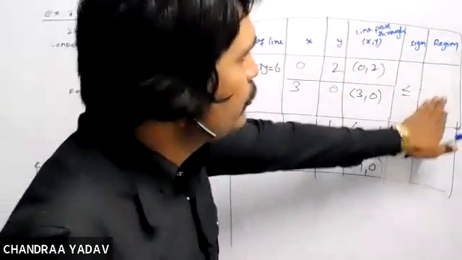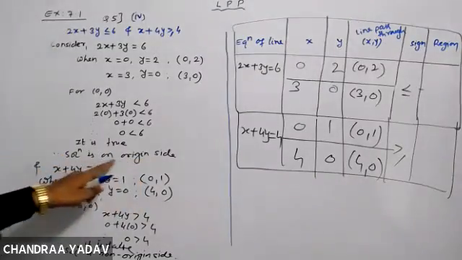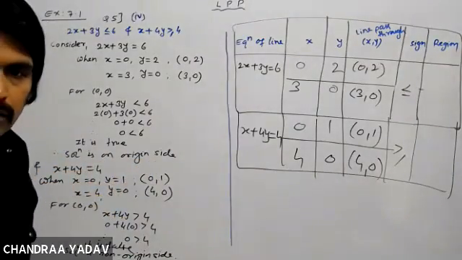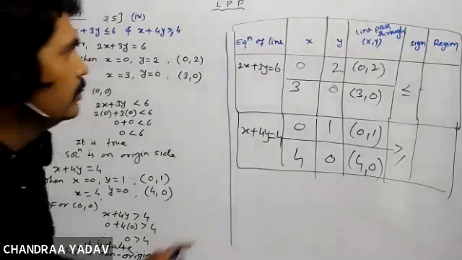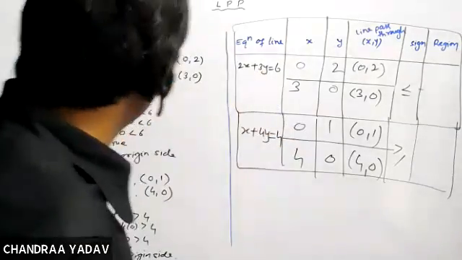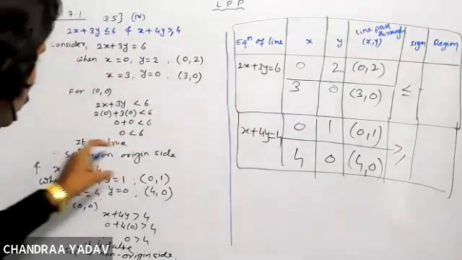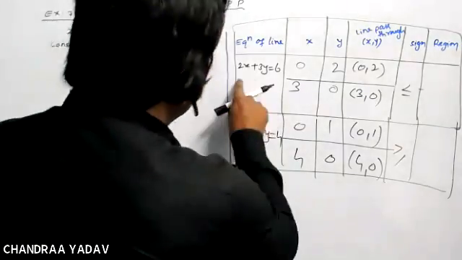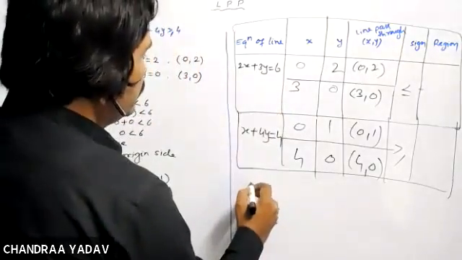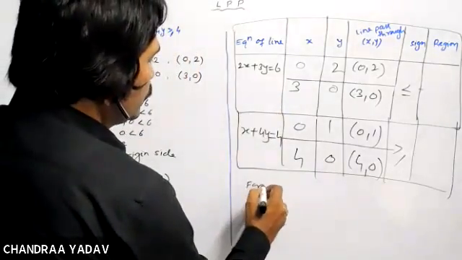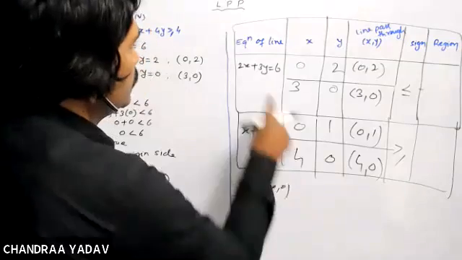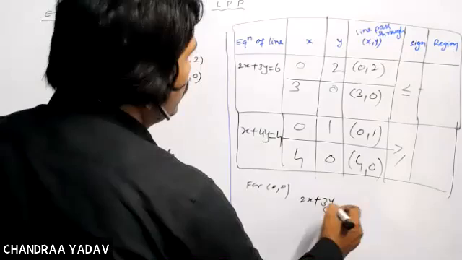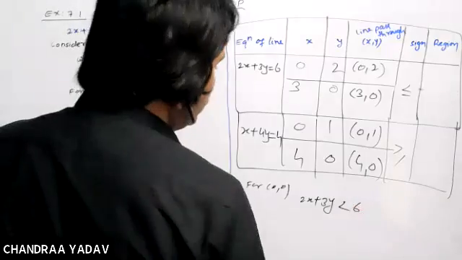And now here we have to mention the region. Region means this part, origin side or non-origin side. Is it clear? You can write here for 0 comma 0. For this, 2x plus 3y is less than 6.